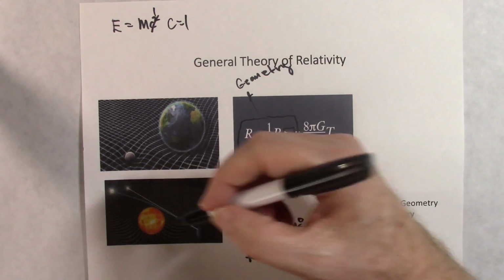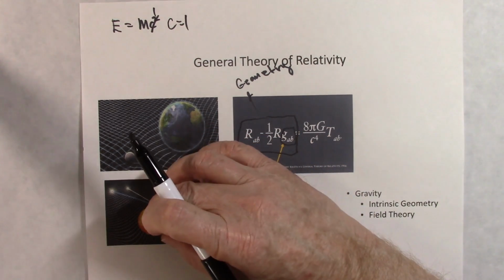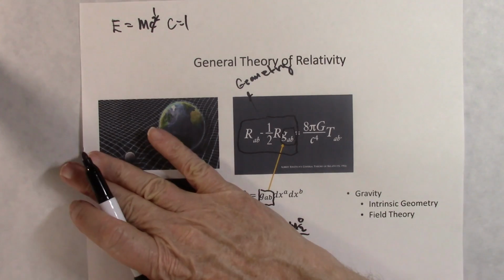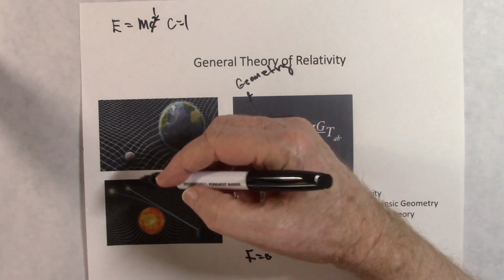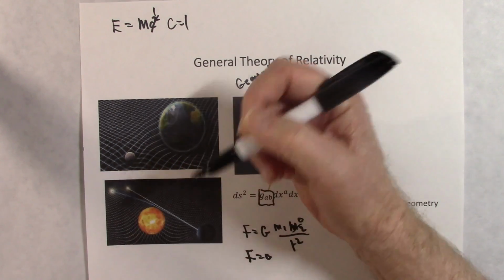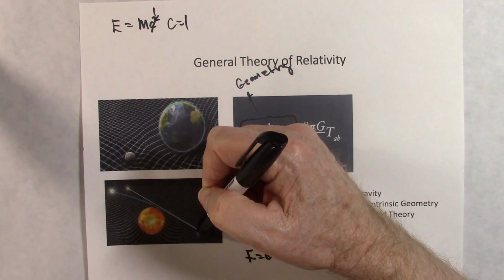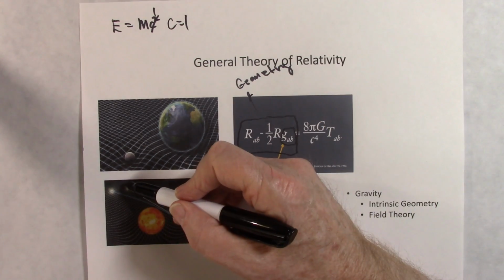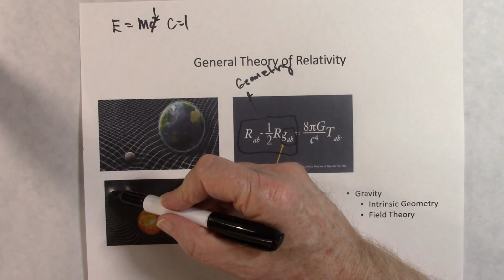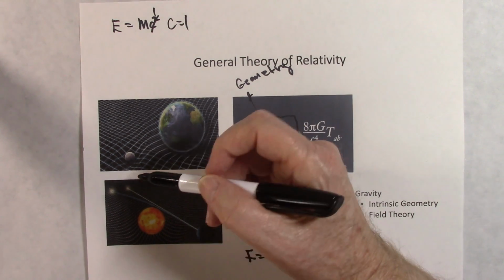One of the ways they did it was when the sun isn't there, this space is relatively flat, there's not a bunch of curvature, so the photon torpedo would cover the same course as Newton predicted. But when you put the sun there, light from a distant star would look like it was coming from here instead of from here. And that's what they did.